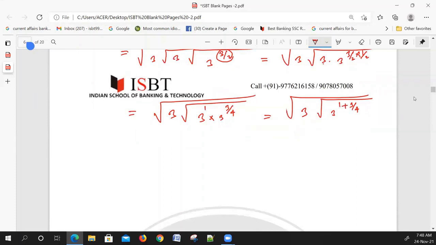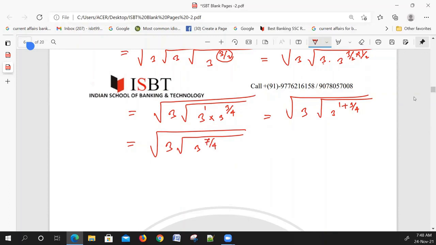Okay, and next step we can write √3, इसको लिख सकते हैं 3 to the power 7/4.